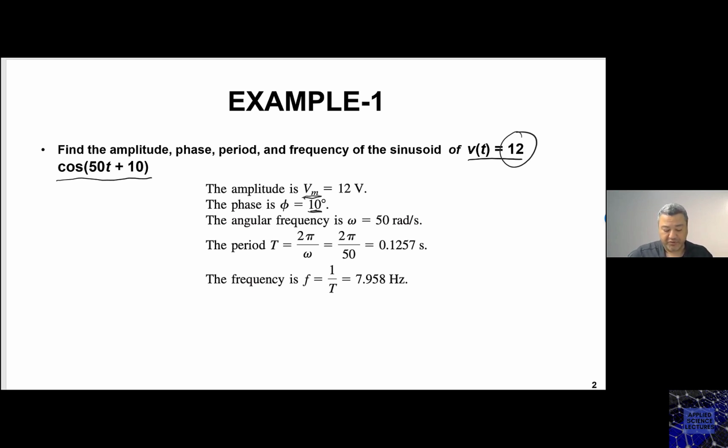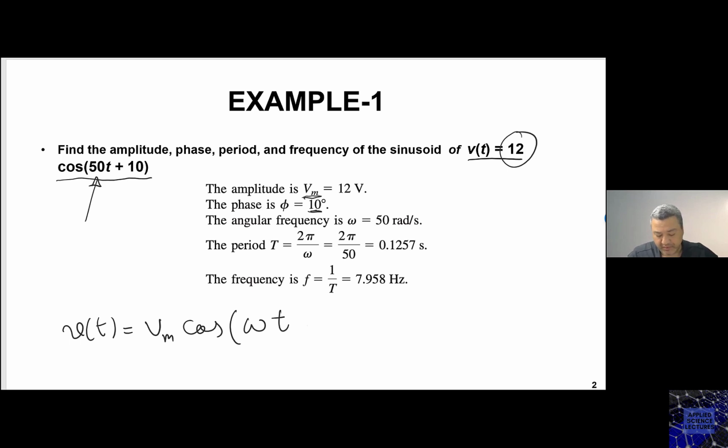So if I am to write this v(t), it's going to be Vm cosine of omega t plus phi. This 50 is the radial frequency, omega, which is radians per second.